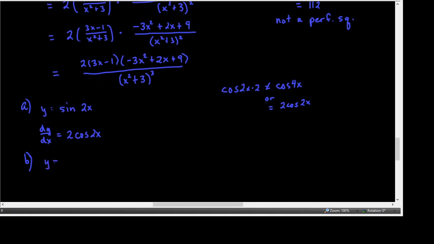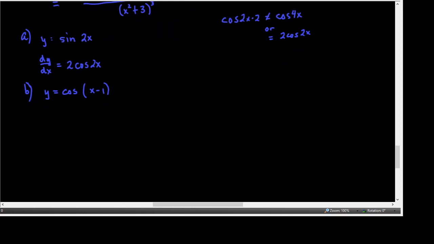If y equals cosine of x minus 1. So we've got the derivative of cosine of something is what we're looking for. So cosine is the outside function. The derivative of cosine of something is negative sine of that something times the derivative of that something.